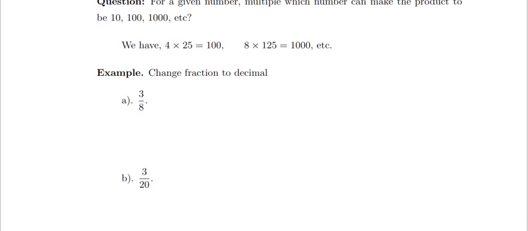So like, let's say 3 over 8. Changing this 8 to 100 is not easy, but we can change it to 1000. So we know 8 multiplied by 125 is 1000.